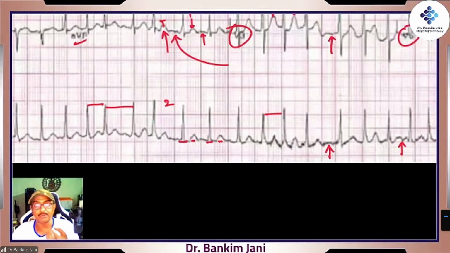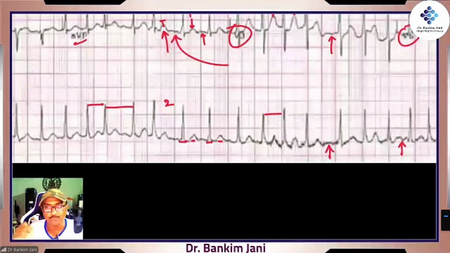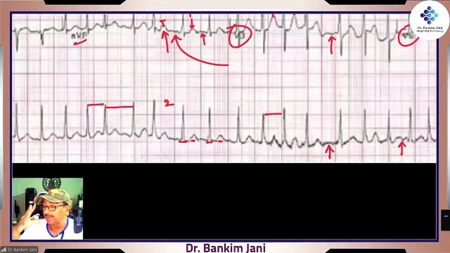This means in AFib, P wave will be absent because it is fluttering. What was the P wave formation? P wave was when beautifully the impulse goes from SA node, through Bachmann's bundle, and into the musculature of atria. So then it contracts because the signal goes everywhere.